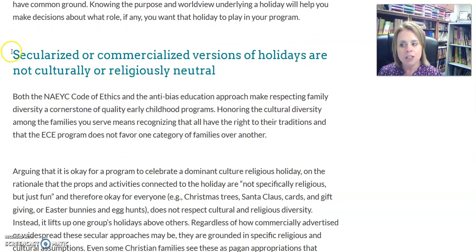I particularly like this statement that secularized or commercialized versions of holidays are not culturally or religiously neutral. So perhaps some things that we can avoid would be all of those commercialized things.